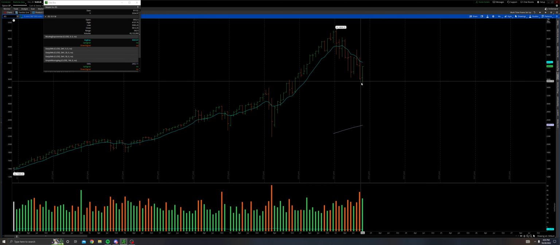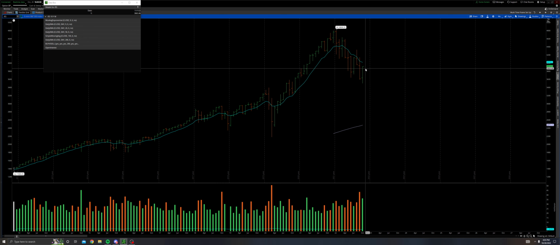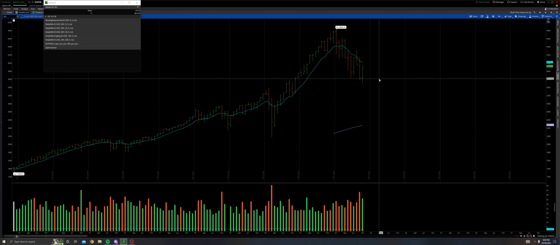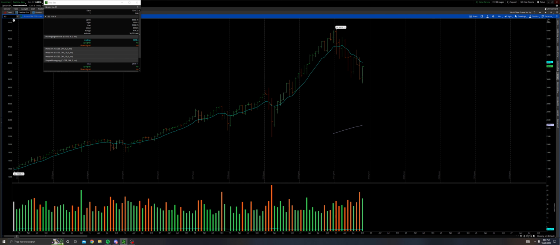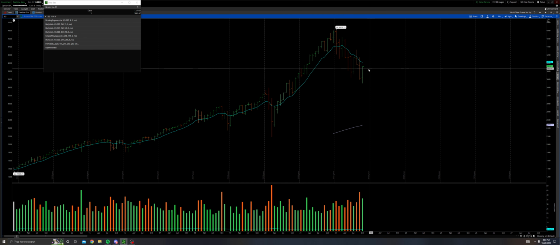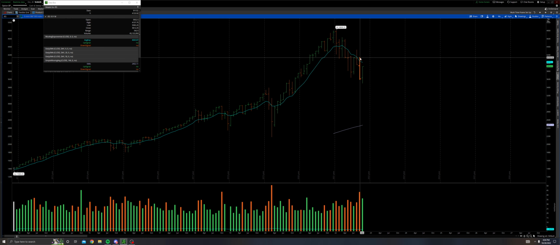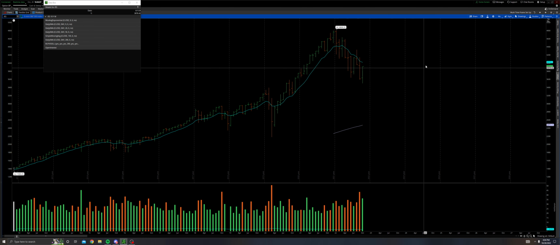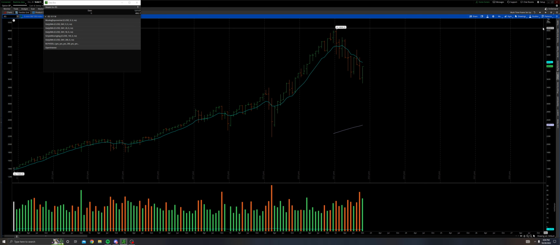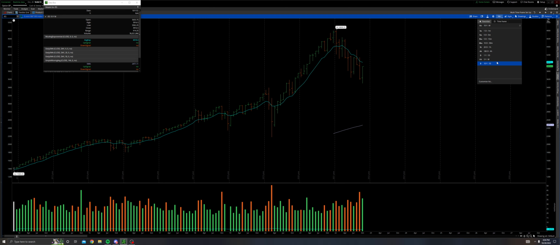The monthly will not come into balance until we take out a previous month's high. So either next month we take out this month's high, or in the next very few days, if in one trading day we can get to 415, I doubt that happens, but we could potentially be putting the monthly into a balance here pretty soon.